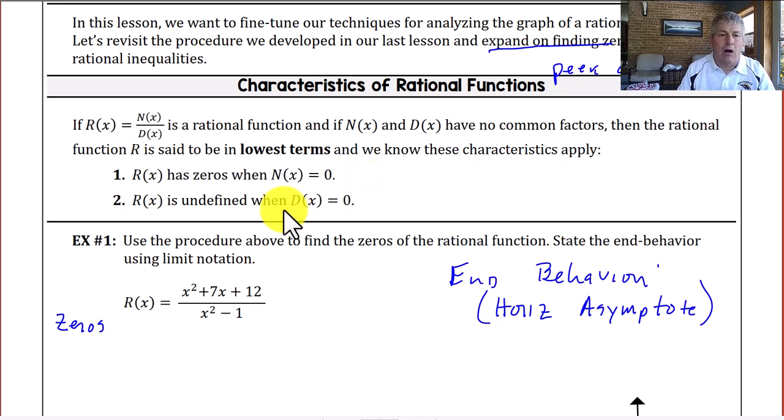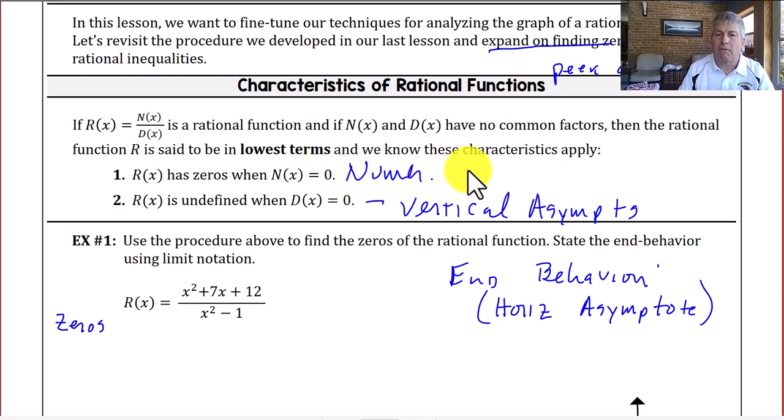And R of x is undefined when the denominator of our function is equal to 0. So these will be our vertical asymptotes when the denominator equals 0, and those will be our restrictions on the domain. And our zeros are when the numerator equals 0, and those will be our zeros or our x-intercepts.